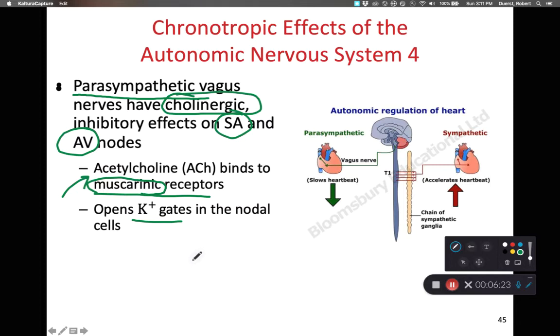Those cells become hyperpolarized, and more calcium and sodium need to leak in order to reach the threshold depolarization voltage. So ultimately, the parasympathetic fibers will lower heart rate.